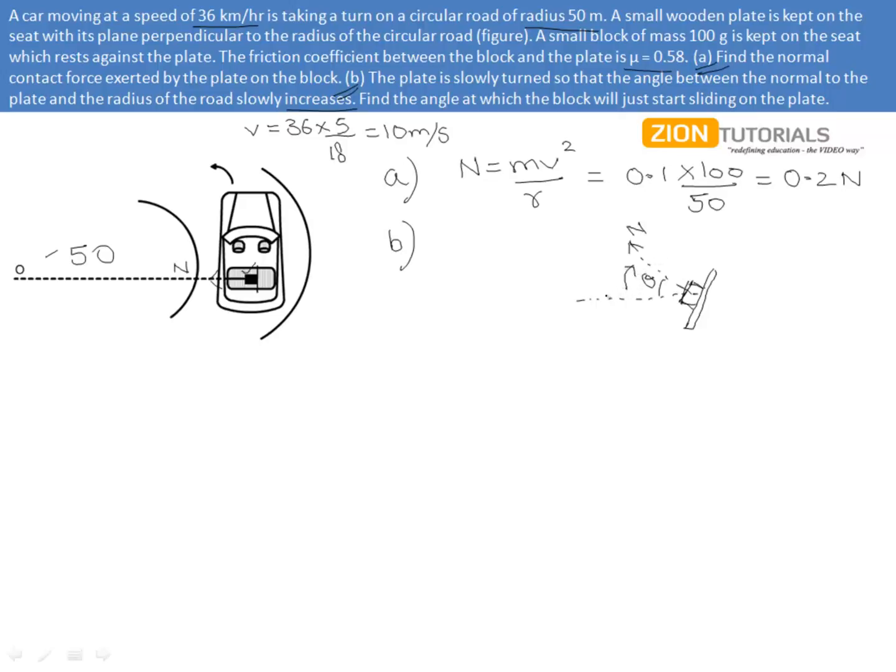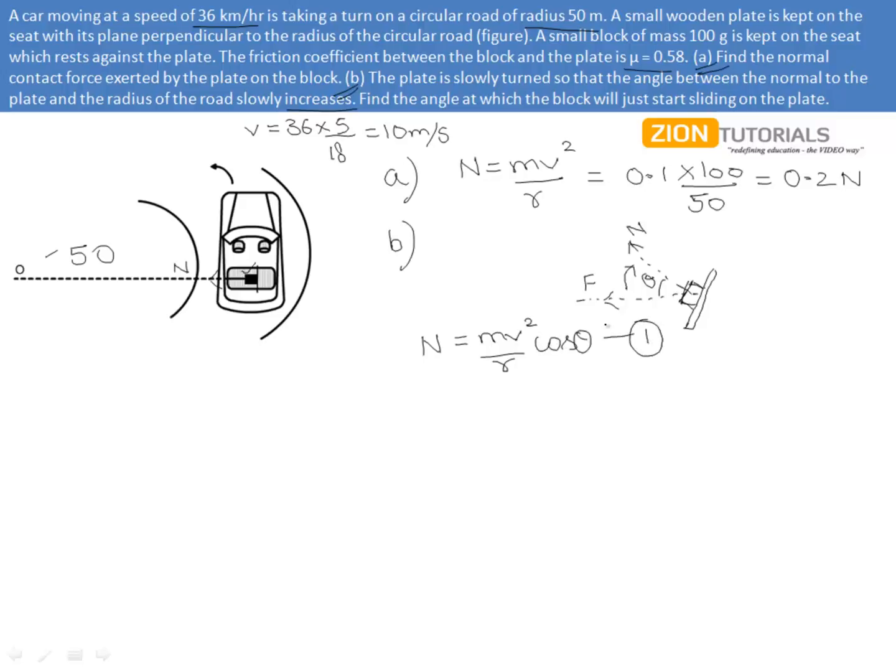Now, if we take this to be the centripetal force F, then we can say that normal reaction N is equals to one of the component of centripetal force, that is mv square by r cos theta.